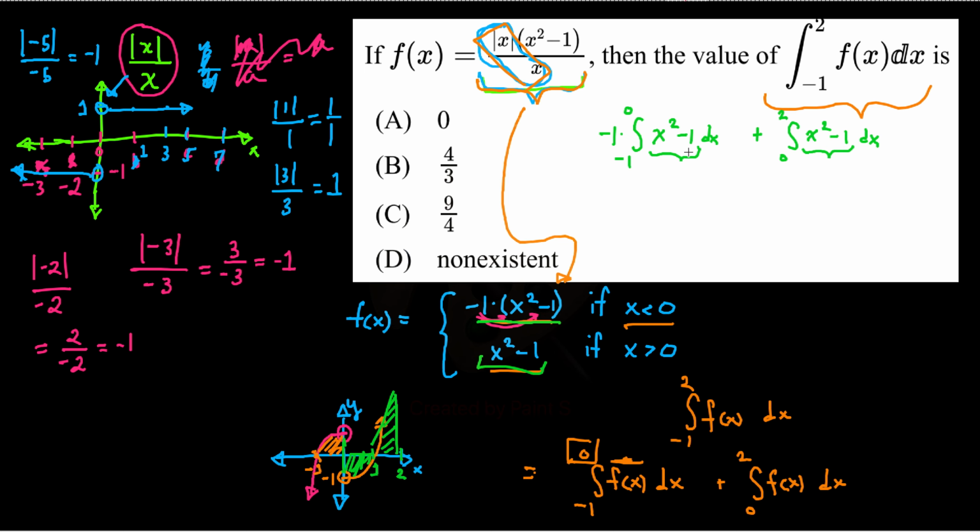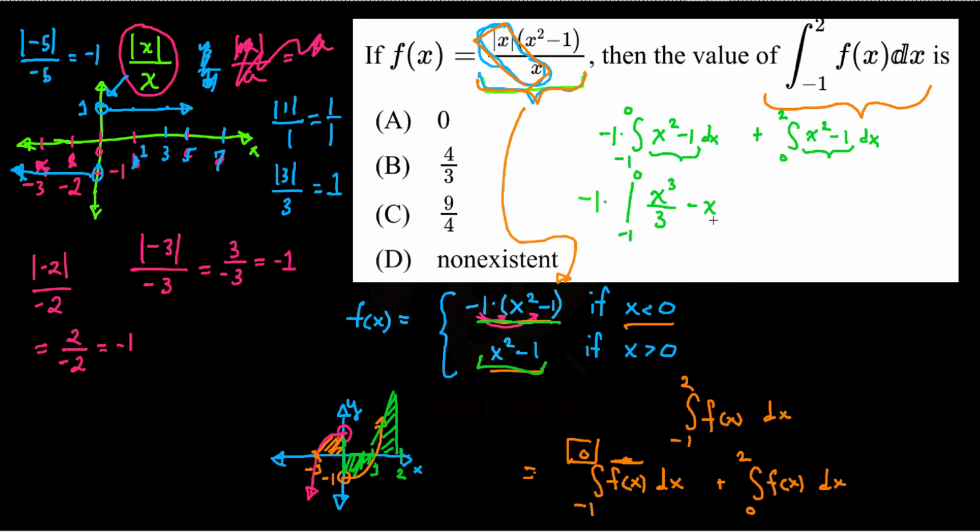An antiderivative for x squared is x cubed over 3, minus an antiderivative for 1, which is just x. And instead of the integral sign, I put -1 to 0, and I have to remember to multiply whatever I get when I plug in these bounds by -1. So it's from -1 to 0.